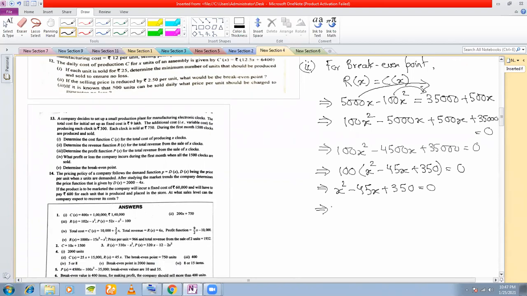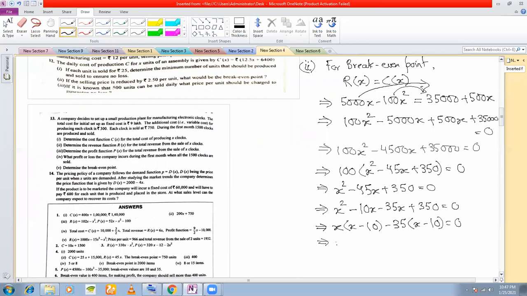So what is the factorization here? 5 into 70? No, 10 into 35, right? x square minus 10x minus 35x plus 350 is equal to 0. x into x minus 10 minus 35 into x minus 10.